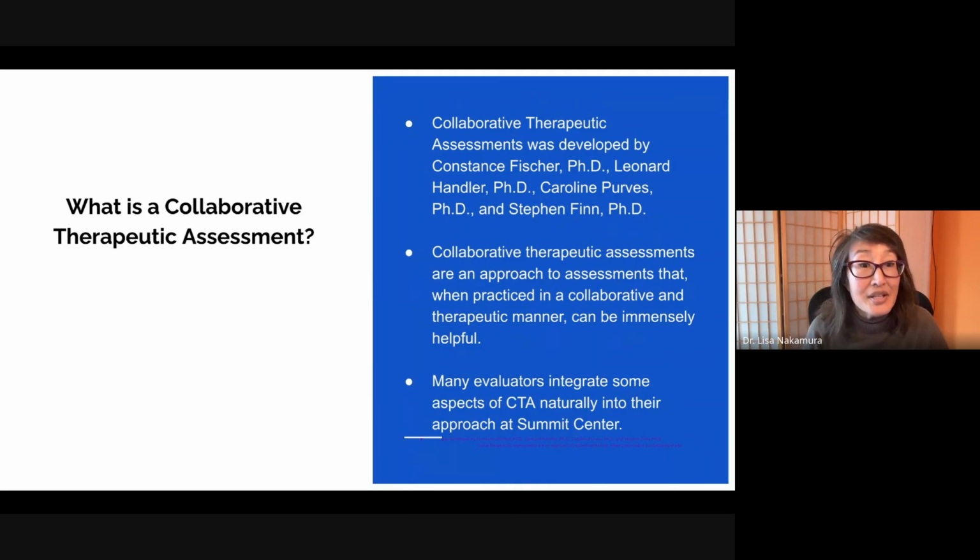So that's another part. It's almost like there's a family therapy version coming in to the assessment. And we don't have that capacity, but I'm going to tell you about the other ways that it can be incorporated.